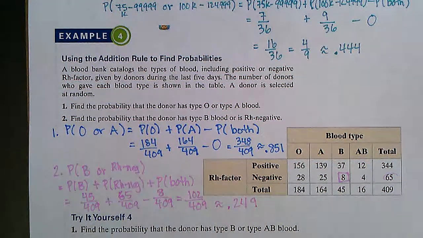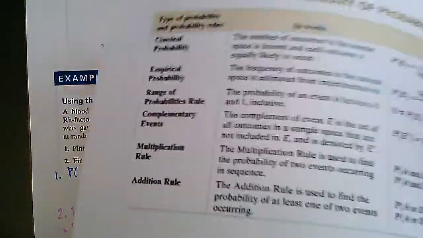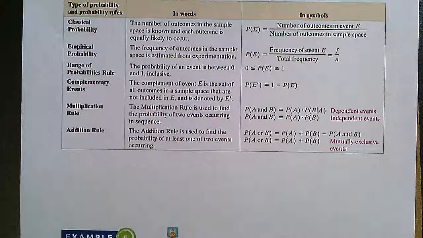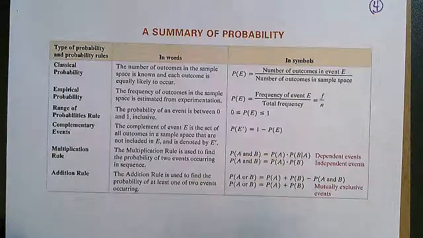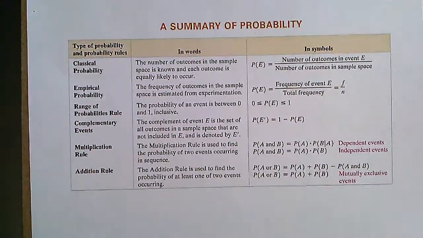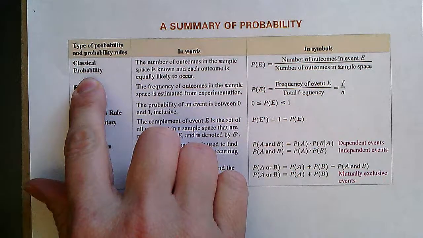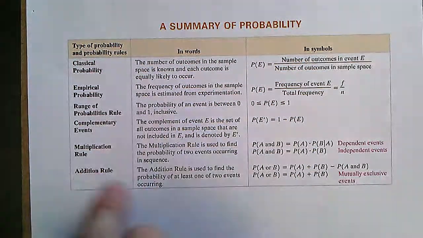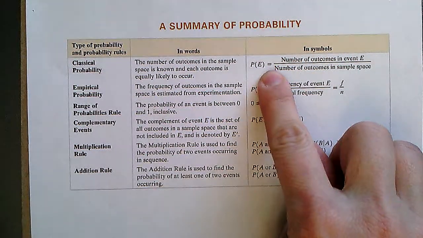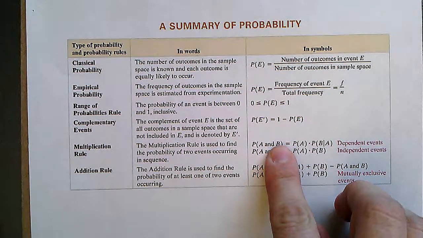The next page that you should have available to you has a summary of probability. I included this in your handout because it's a nice summary of all of the things that we've done so far in this chapter. So we have definitions of the different types of probability, and then the symbols and formulas that go with these.